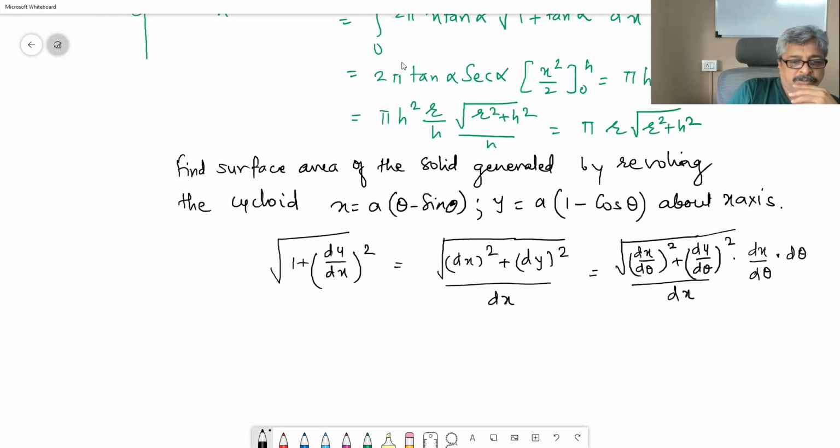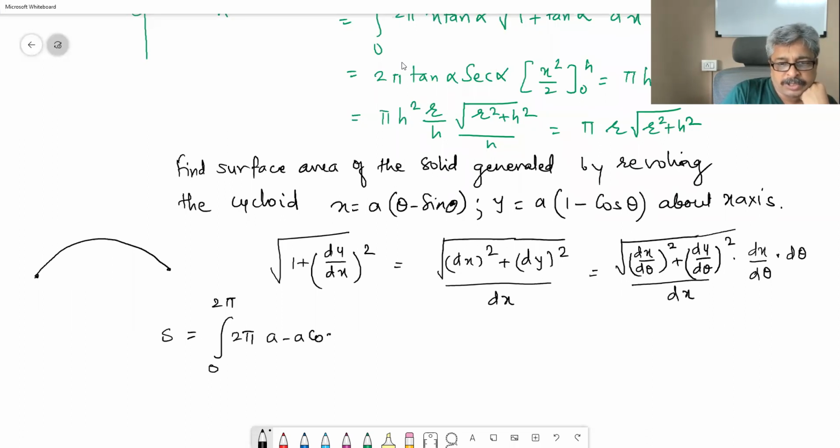So in this integral, the required surface area is to be found from 0 to 2 pi, the entire revolution, because from here to here it is 0 to 2 pi. Then you have the formula 2 pi y. 2 pi, what is your y? a minus a cos theta.